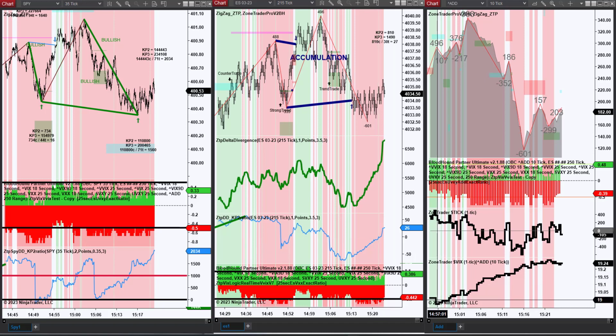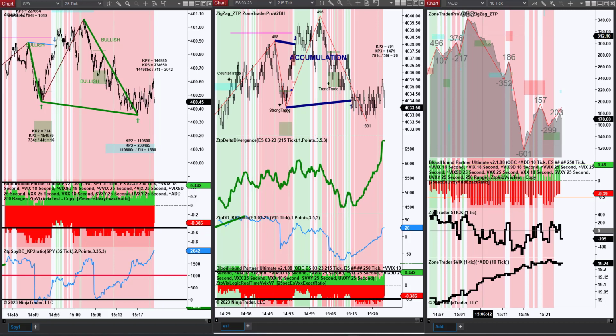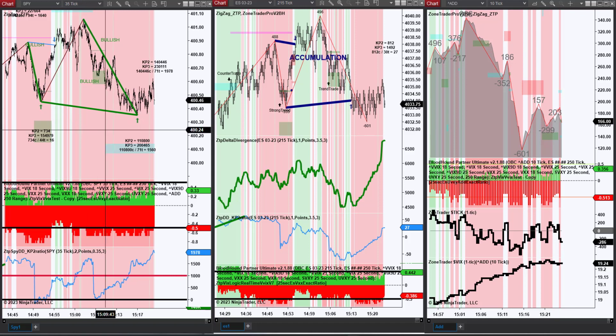And during this entire time, the VIX has just been going straight up on our $ ad chart, and the Bloodhound template with the ad in it is also red, along with the ES and SPY.